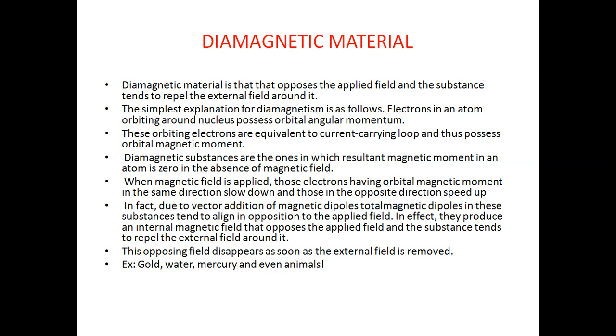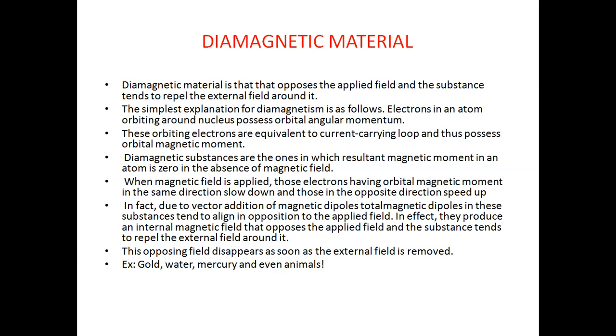Generally, diamagnetic material is that material in which there are paired electrons, and these electrons are revolving in opposite directions around the nucleus. Mean if one electron is revolving clockwise, then another is revolving anti-clockwise. Due to their motions a dipole moment is produced.